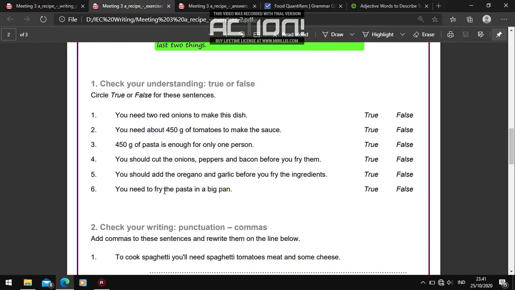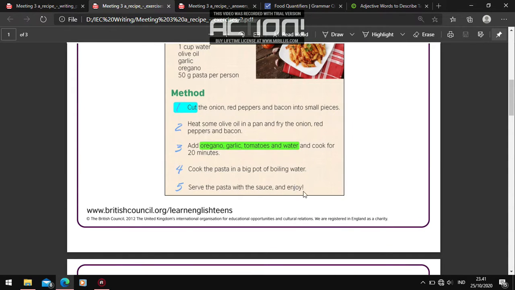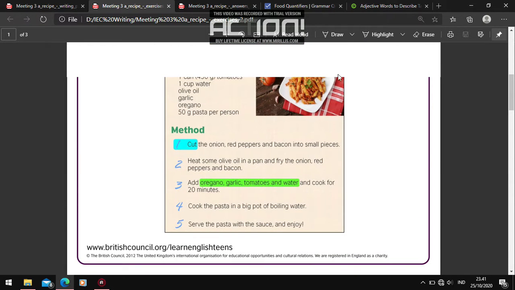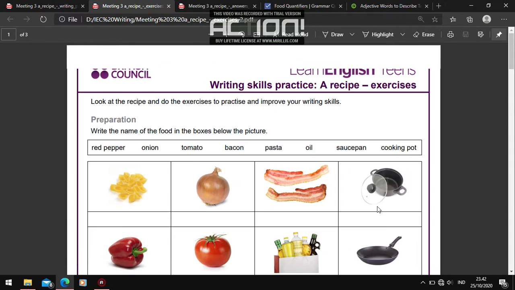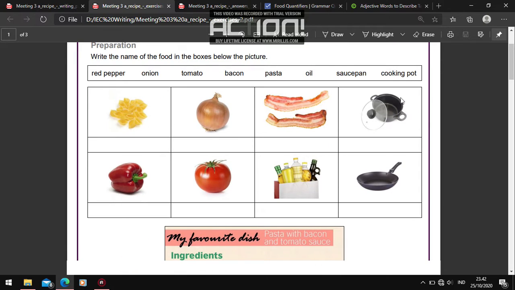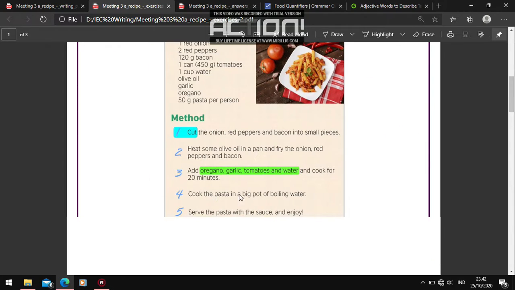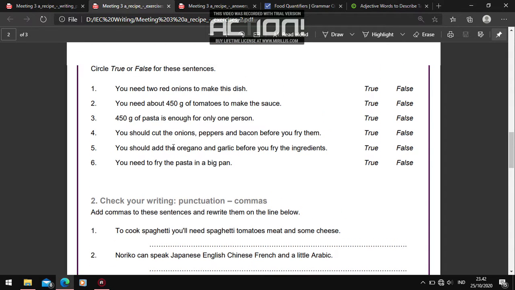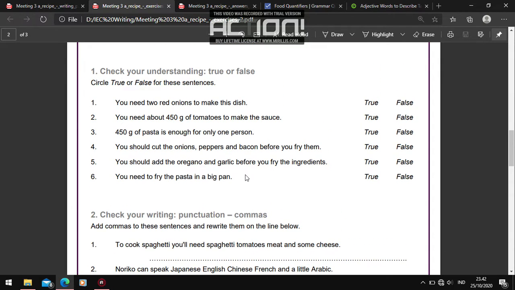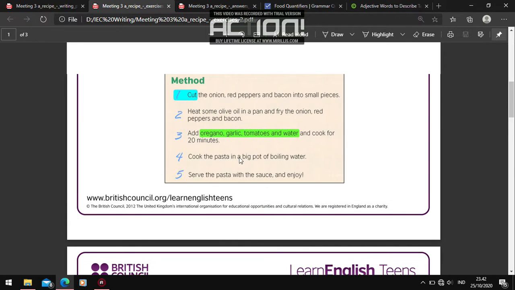And then the last one, you need to fry the pasta in a big pan. Is it true, in a big pan? Let's see. They say in a big pot of boiling water. So it should be a big pot. Remember, big pot and saucepan are absolutely different. They say cook the pasta in a big pot of boiling water. The question is you need to fry the pasta in a big pan, but fry means not cook.